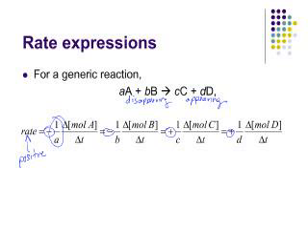What this allows us to do is, as I mentioned, to get the same value for the rate regardless of whether you're monitoring the disappearance of a reactant or the appearance of the product. You want to get the same thing. But I do want to point out that if your coefficients are different, the actual substances may appear and disappear at different rates. But when you talk about the overall rate of the reaction, we're sort of converting it all back to the same answer for that reaction under those particular set of conditions.